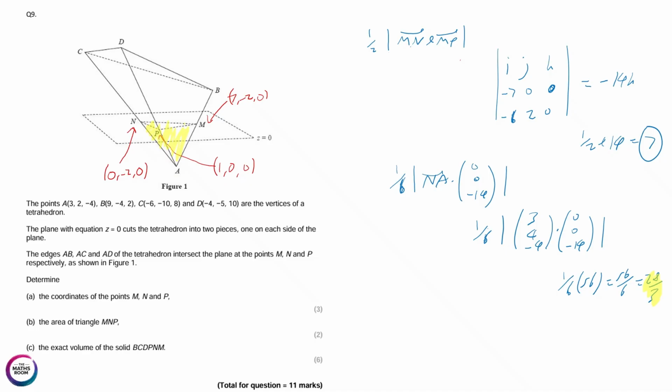Okay, so now what I'm going to do, I'm going to find the volume, guys, of the big tetrahedron. This thing here. Then the difference would be my answer, wouldn't it? Yeah, can you see that? Okay, so what do I need?